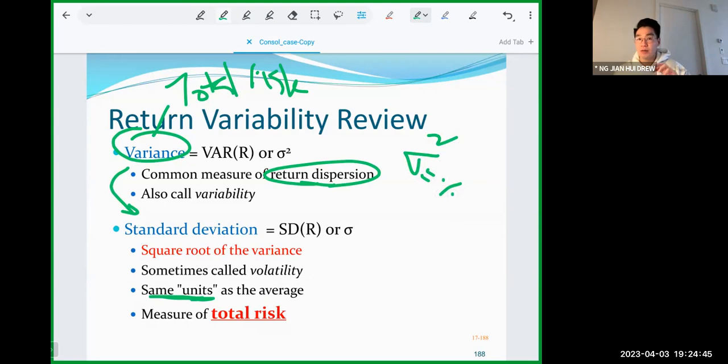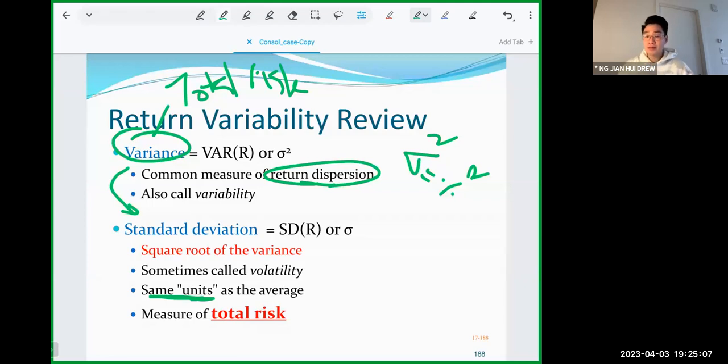Returns, I mentioned earlier, were in percentage. So for variance, the units will be percentage square. And naturally, what does 5% square mean compared to 2.5% square? Does it mean half the amount? No, because it's square.